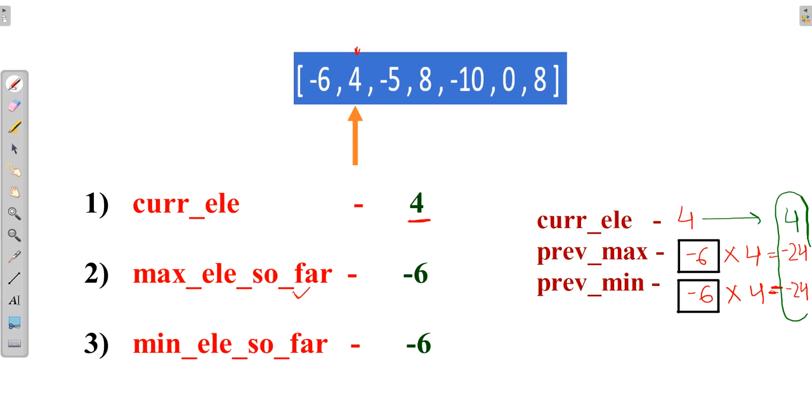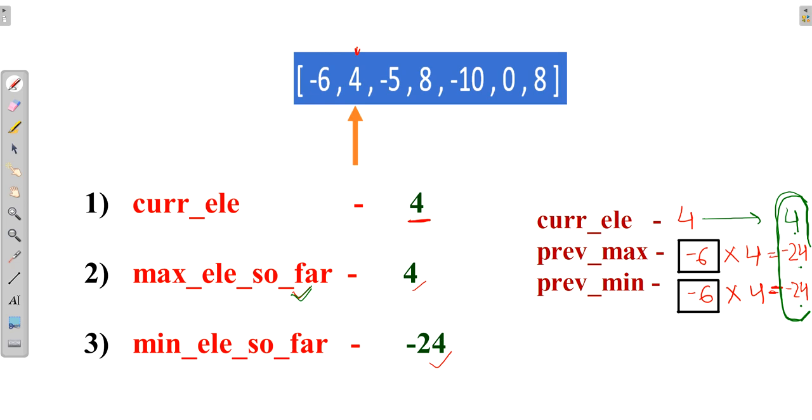Now on the basis of these three elements, I have to choose the maximum element so far, which is 4, -24 and -24. Out of these, 4 is my maximum element so far, while the minimum element so far is -24. So here my maximum element so far is 4 and minimum element so far is -24.